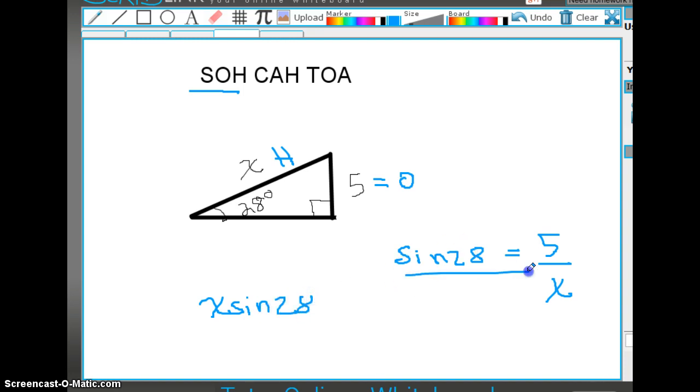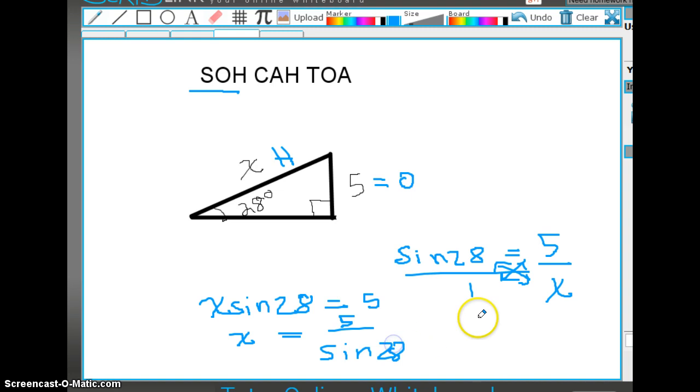Sometimes if you put a 1 underneath, it might help you a little bit with the cross multiplication. I do these all the time, so I'm kind of familiar with them. So x times the sine of 28 is equal to 5. So x is equal to 5 divided by the sine of 28.